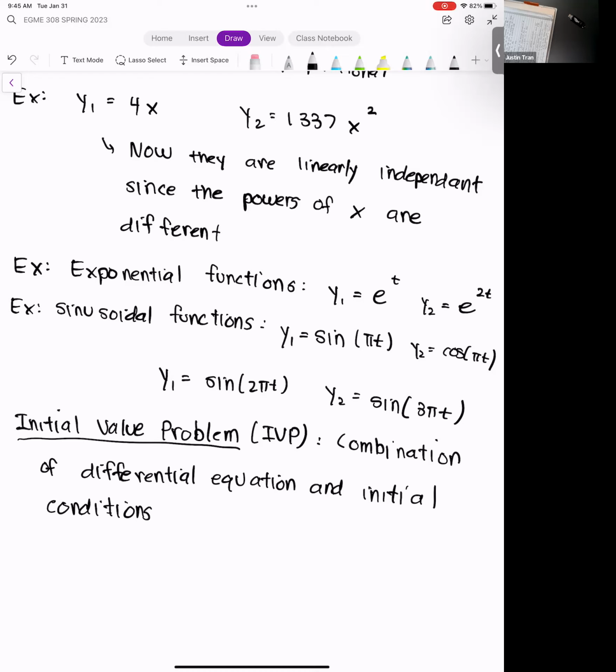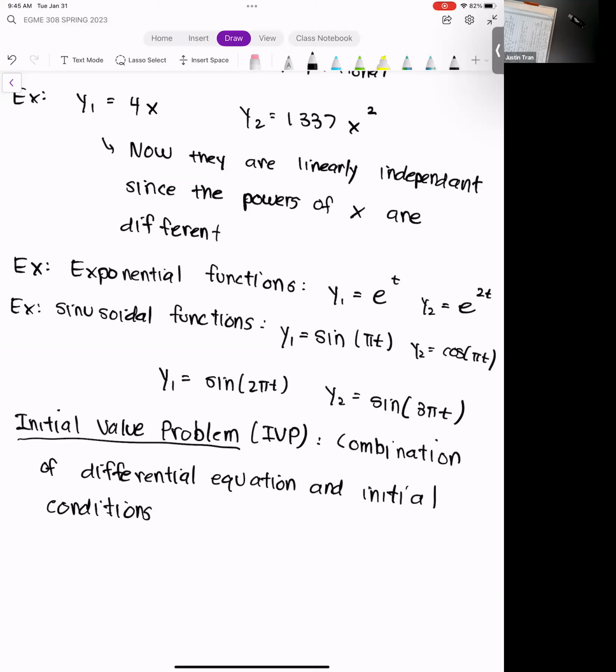You'll hear this terminology, and I may use it at some points in the class just because it's ingrained into my fabric. When I say initial value problems, all I mean is a differential equation and its corresponding initial conditions. Any final questions before we wrap it up for today?